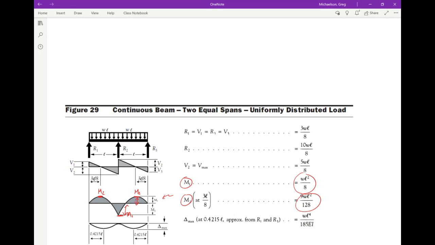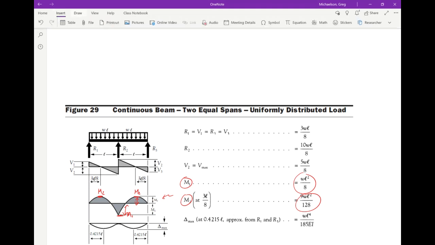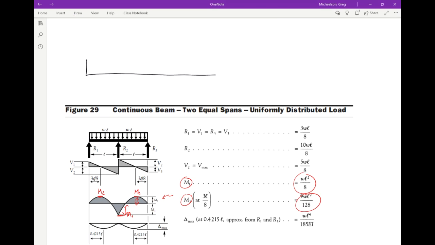It behaves very, very poorly when it is subjected to tension. So concrete likes compression, it dislikes tension. So if I were to draw the beam, here's the beam.